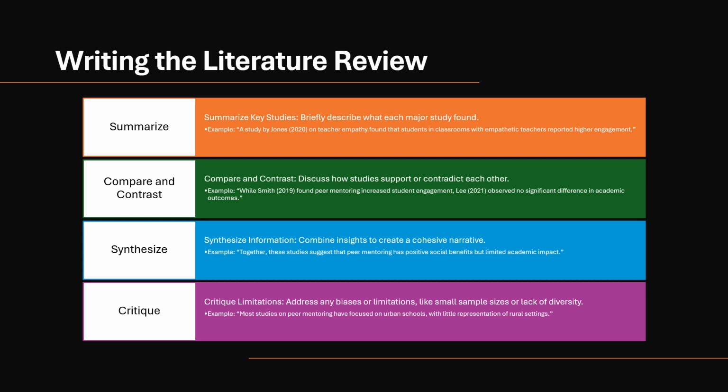Point out biases, small sample sizes, or a lack of diversity. For example, most peer mentoring studies focus on urban schools, leaving rural settings underexplored. So this critique shows that you're aware of the limitations in existing research and can identify areas for improvement.